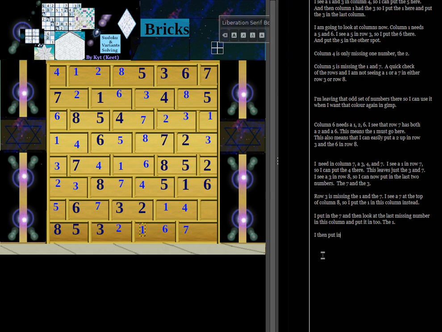I then put in the missing numbers in row 7 and 8 and put in the 8 in row 7 and the 4 in row 8.